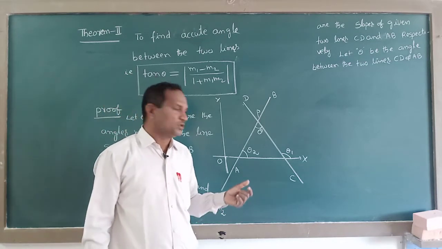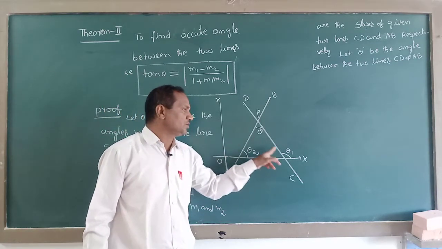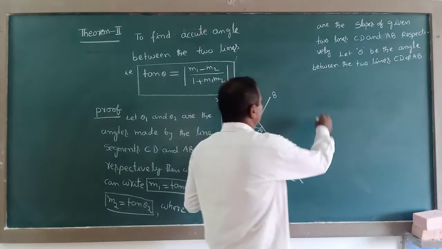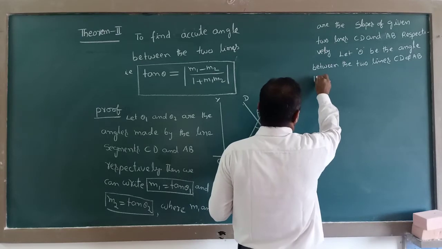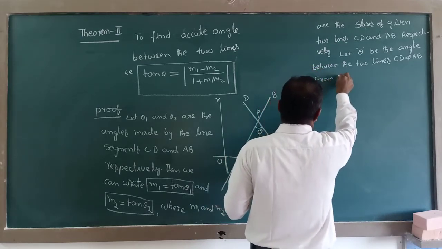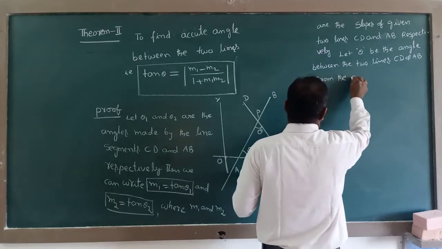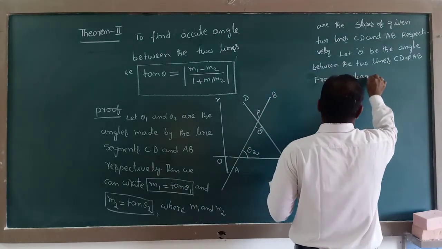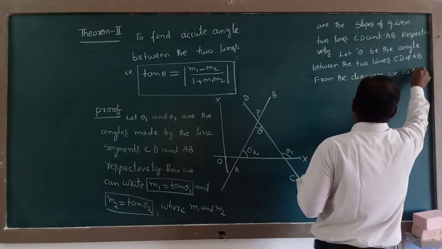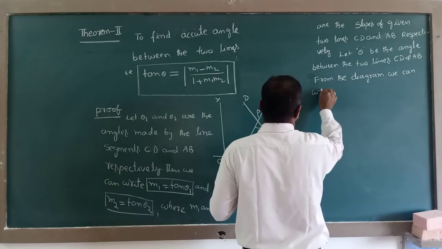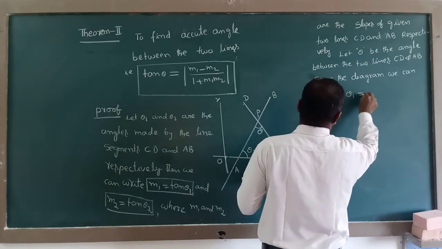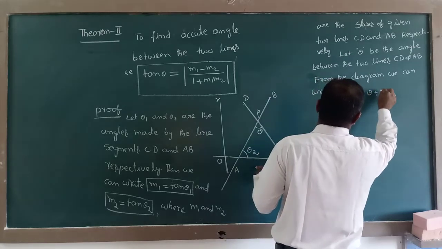Just now I told you the sum of two internal angles is equal to the external angle. That's what we can write here. From the diagram we can write theta 1 is equal to theta plus theta 2.